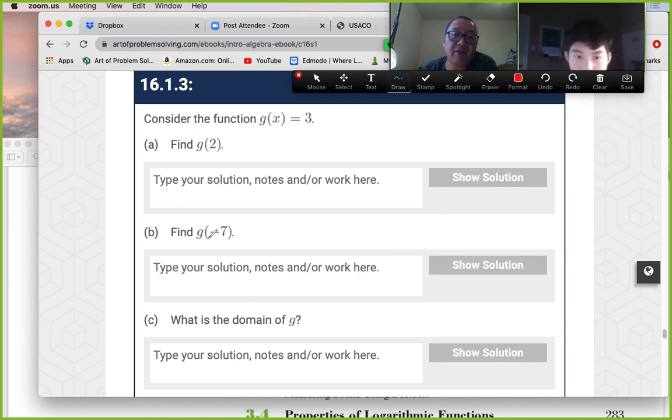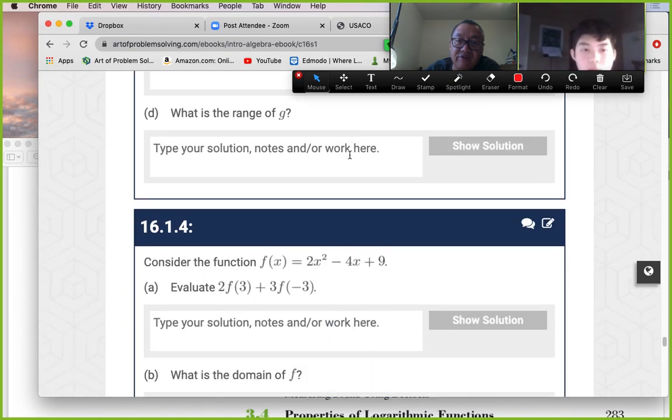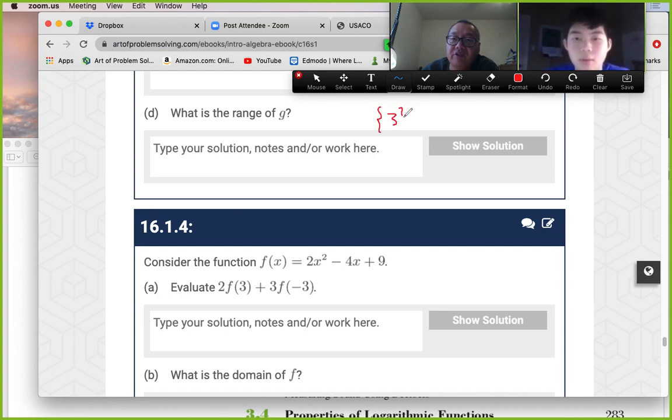So can you calculate g of negative 7? 3. Yes, very good. Then what is the domain of g? All real numbers. Yes, very good. Now, what is the range of g? Just 3. Yeah, the range only has one number, that's 3.